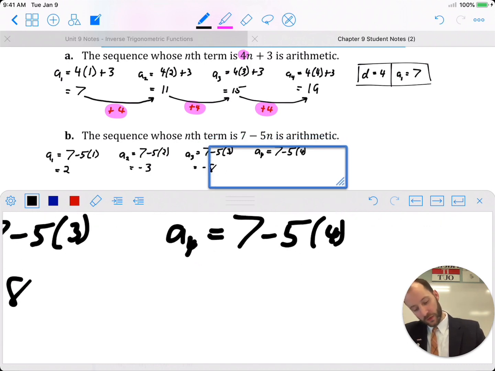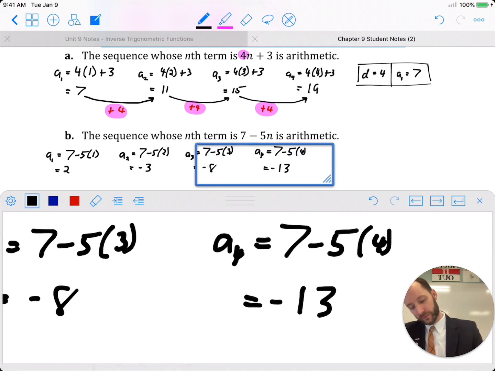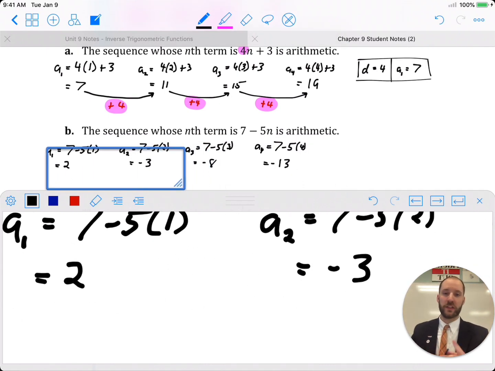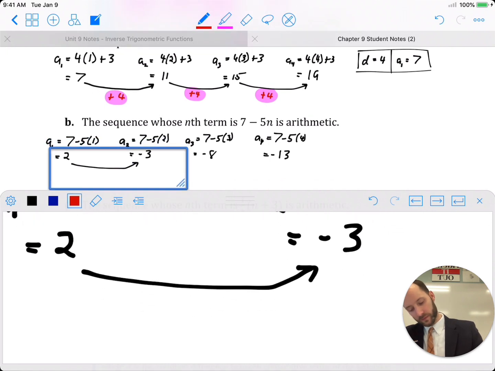And I'll tell you that I'm not even doing the arithmetic in the formula anymore. As you go through these, I plug in 1, I plug in 2, plug in 3, plug in 4. But then to calculate the term, I'm just subtracting 5 from the previous term.